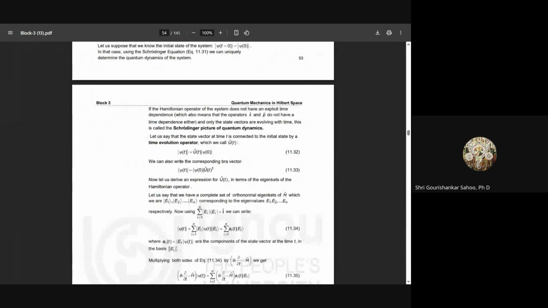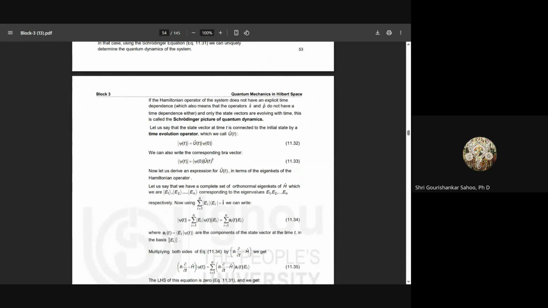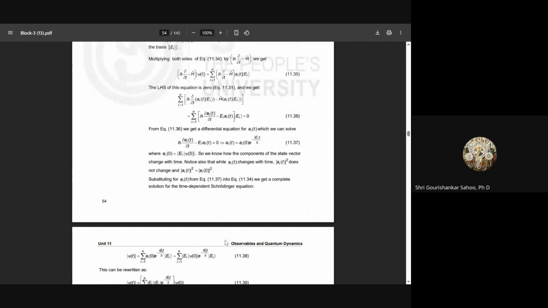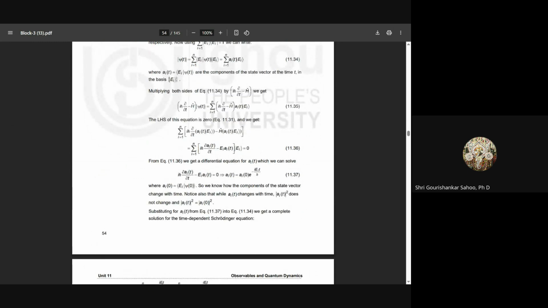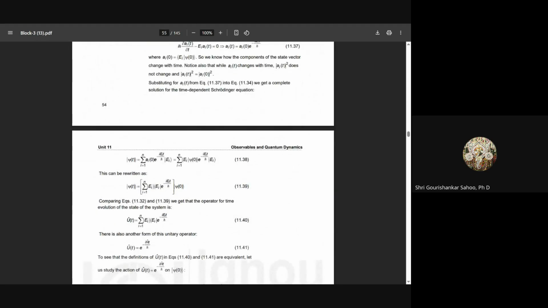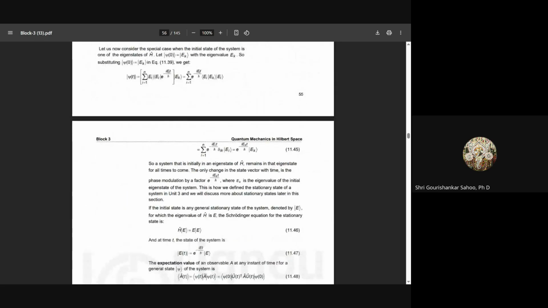So here is the Schrodinger picture in quantum mechanics, the time evolution operator. You can see that the energy operator is i h cross del by del t. If you operate it over some state vector, it will give you the energy eigenvalue, which we have discussed earlier.